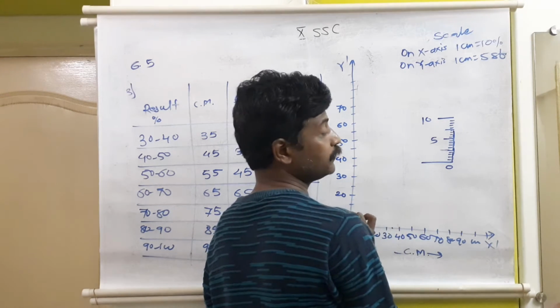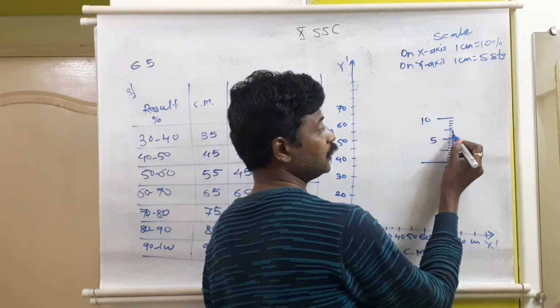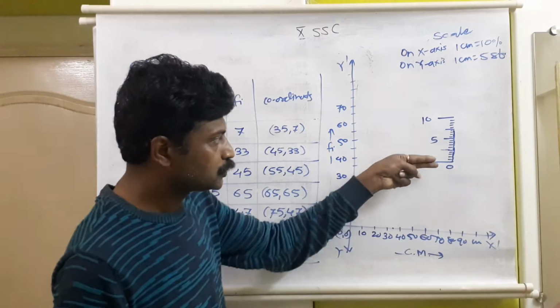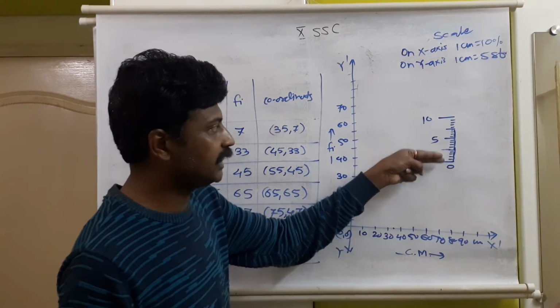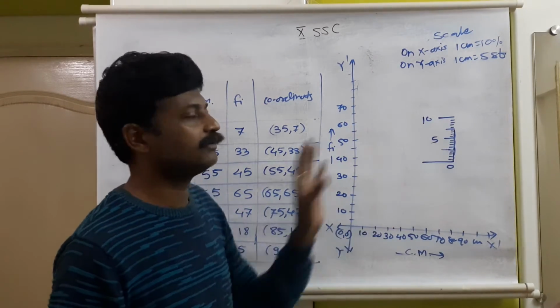So to mark 7 students, after this 5 we count 1, 2, 3, 4, because 2 millimeters is equivalent to 1 student. Then 20 millimeters will cover 10 students, or 10 millimeters will cover 5 students.